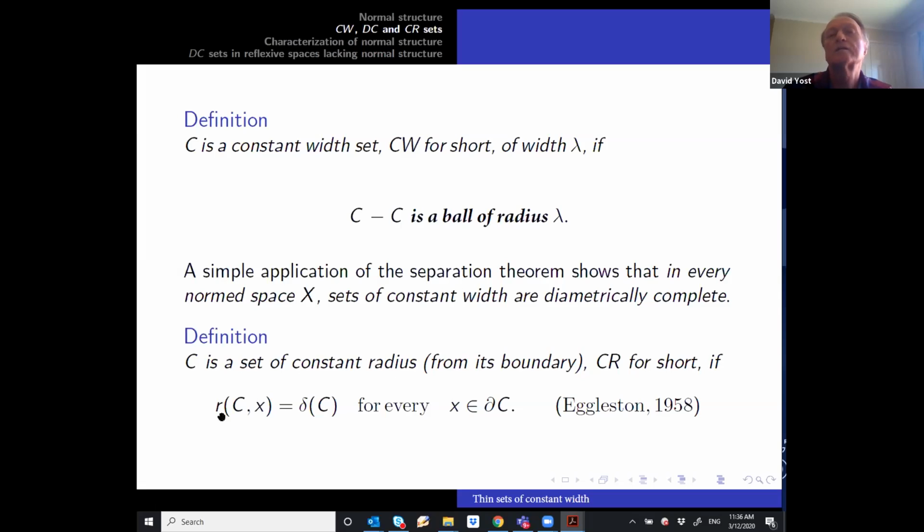The radius, which I've defined later, is the radius of the smallest ball centered at X, which contains the set C. And if this radius is equal to the diameter for every point on the boundary, we call the set a constant radius from the boundary.